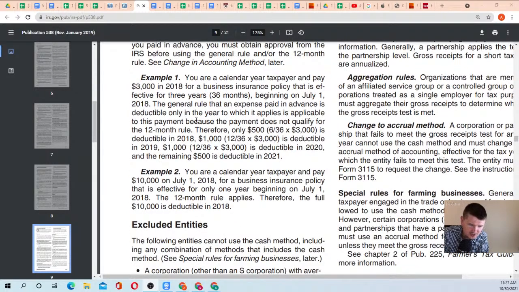And in a similar situation, you are a calendar year taxpayer and pay $10,000 on July 1st for a business insurance policy that is effective for only 1 year beginning on July 1st. The 12 months rule applies. Therefore, the full $10,000 is deductible in 2018.